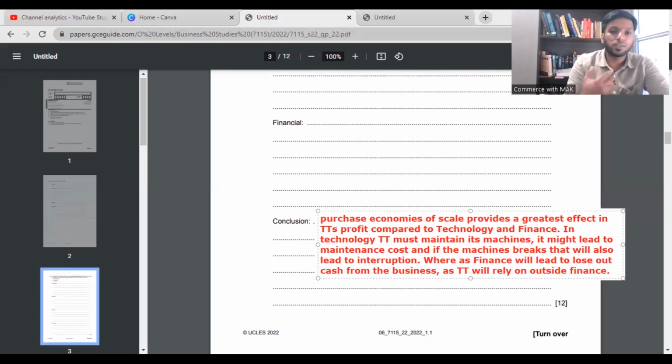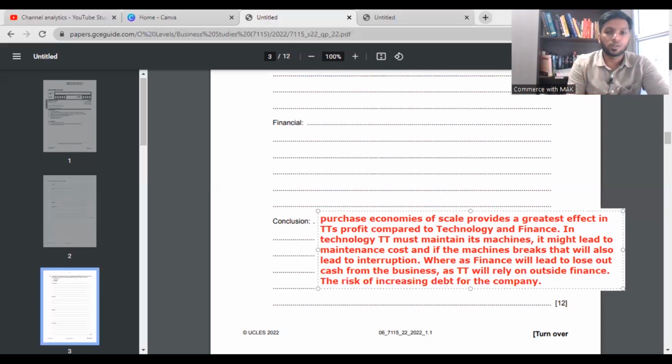So here the business also will lose some money because they need to pay back the debts, and there's a risk of increasing debt for the company. So we can take this into consideration.